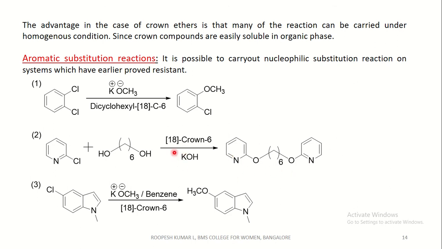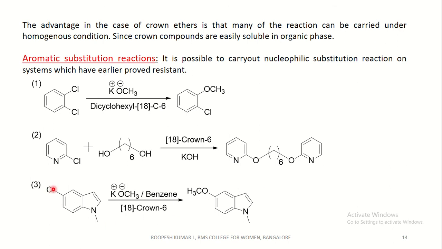That is, this KOH abstracts both hydrogens to form O minus, where O minus attacks here with elimination of chloride ion. This O minus attacks one more equivalent of chloropyridine, in which chloride is eliminated to form the corresponding compound. Coming to the third example, this is an indole.